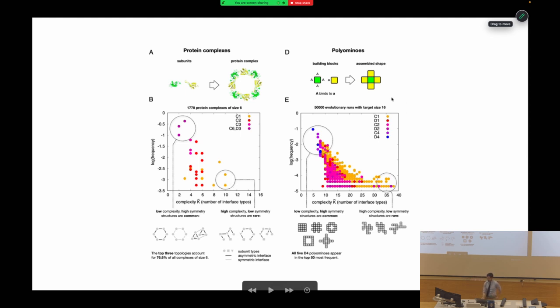Now here, the authors did a simulation of self-assembly with polyominoes. These are on a square lattice. What do we mean by self-assemble? You have different species of squares with different pair potentials. Here, green and yellow. Yellow is attracted. Little a likes big A, so it self-assembles to this. By self-assemble, I mean you put a bunch of these particles in a box and you shake, and you get this shape.